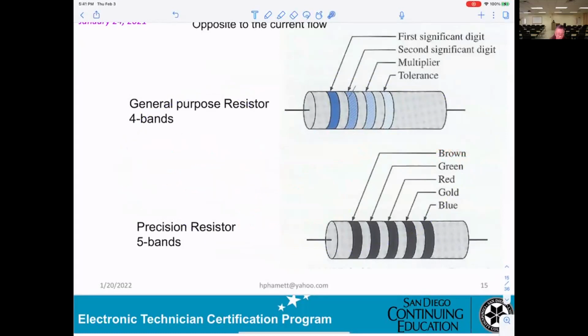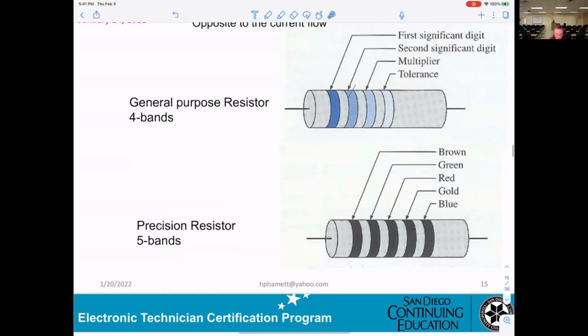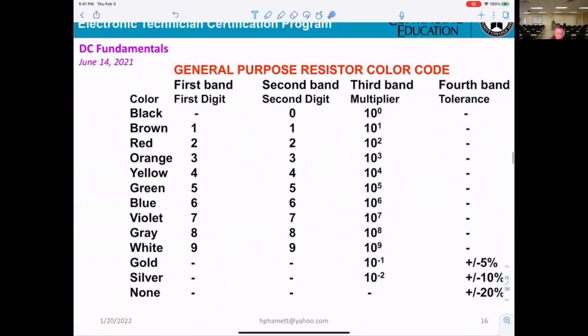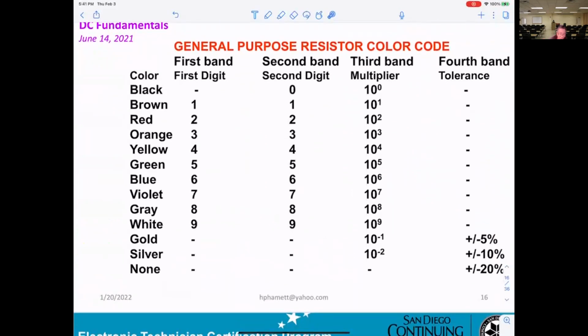Okay, now another different type, they call a precision resistor. The only difference is this is 4 bands and this will be 5 bands. For general purpose, that means 4 bands. They already gave you the table here.